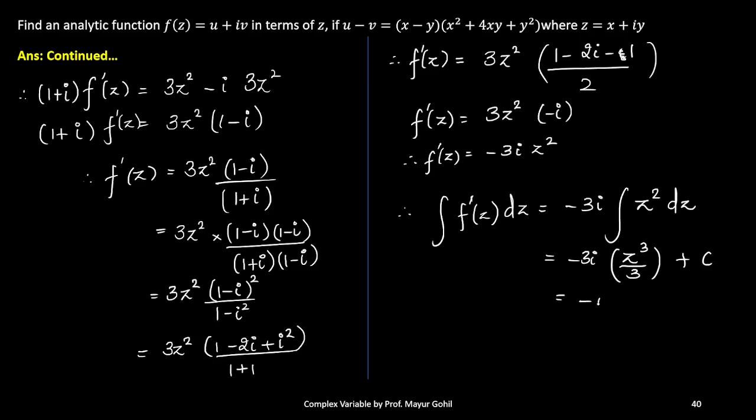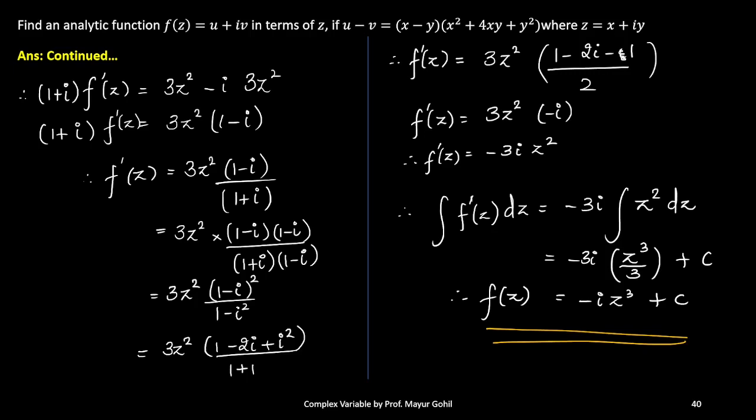So minus i z cube plus c is f of z. So this is the answer for the above question that you see. I hope you have followed the method. So let us put the final answer in the box, or highlight it at least, so that we can recognize it.